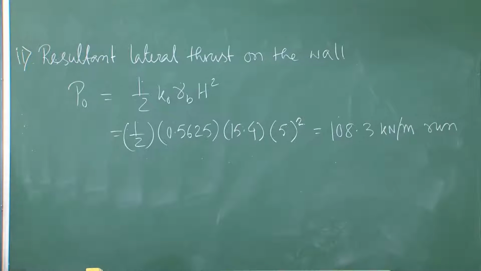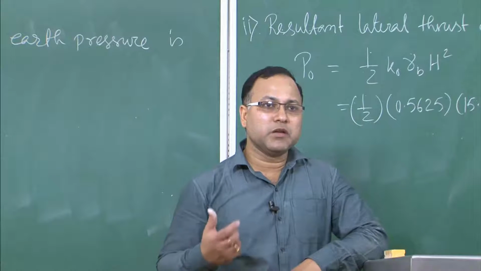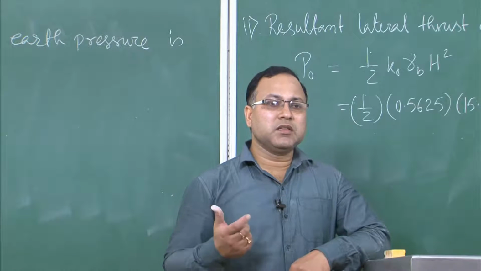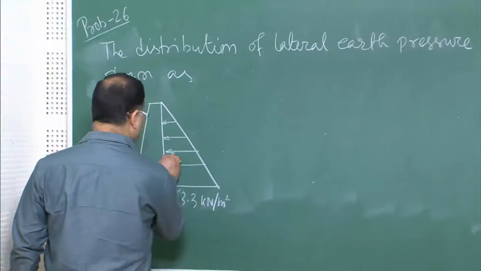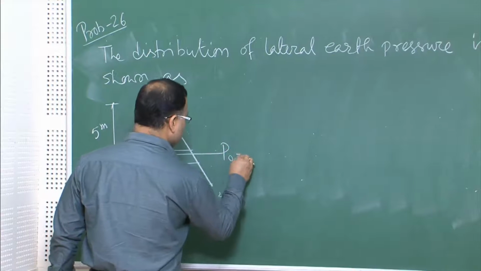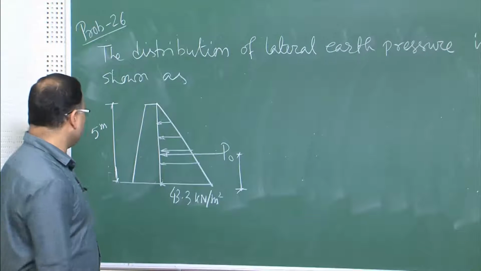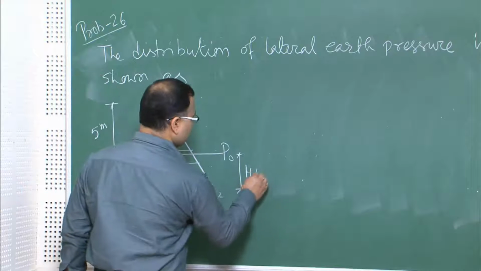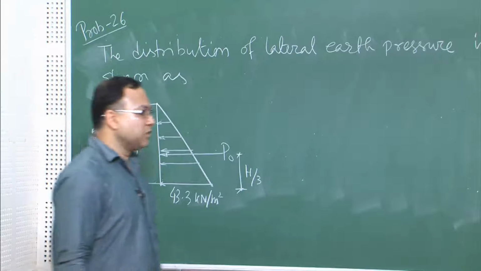Now, this total thrust is acting at which point? If I want to find out the point of application of this total thrust, this is your total thrust and this is your point of application. So, this depth is nothing but H by 3 from the base of the wall.